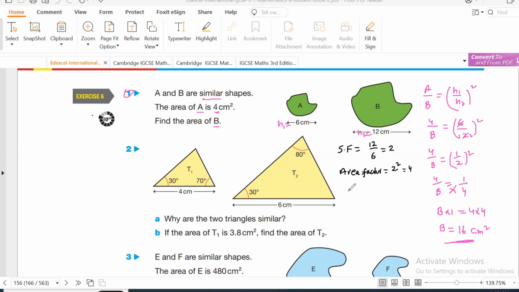Now, to find the area of shape B straight away, take the area factor, which is 4, multiplied by the area of shape A, which is 4. So again, you will get 16 centimeters squared. So both rules will work. It's up to you. Hope it is clear.